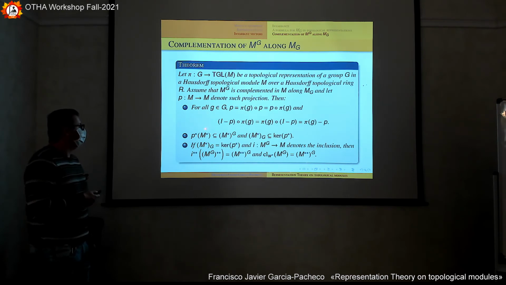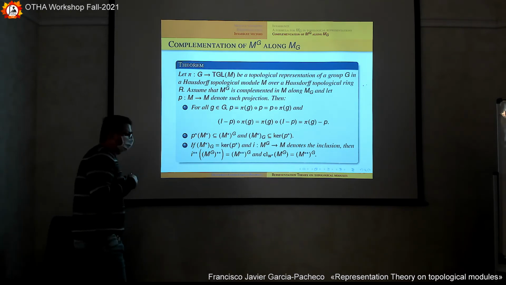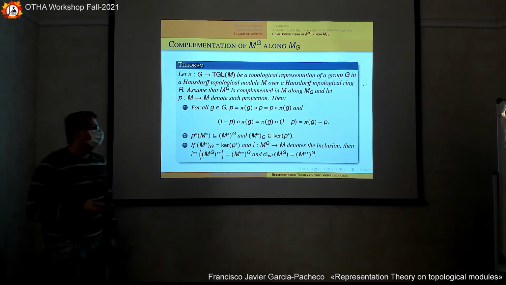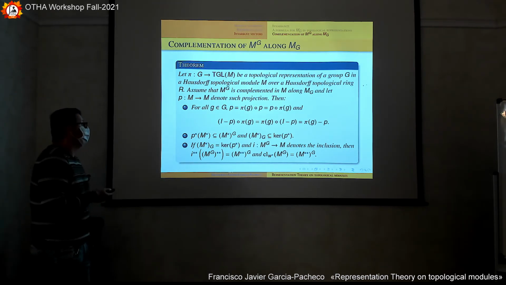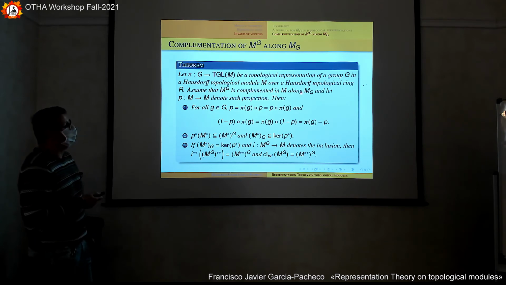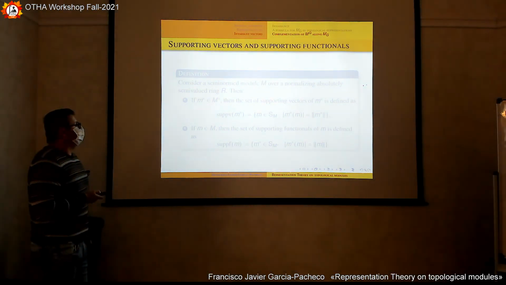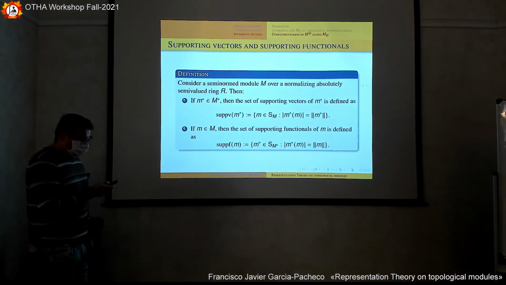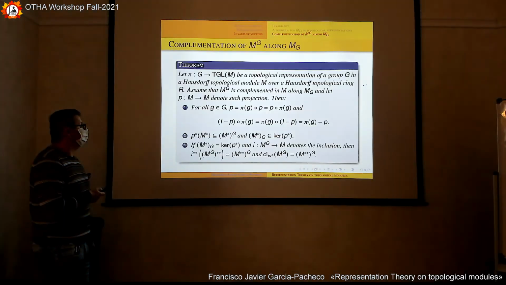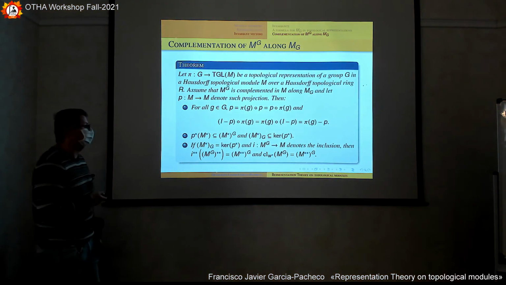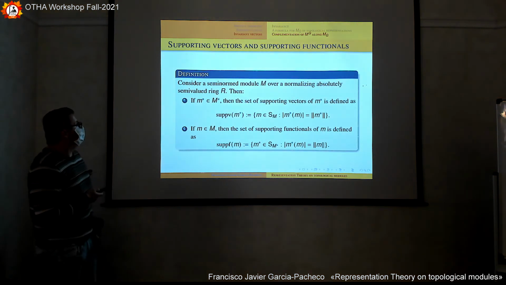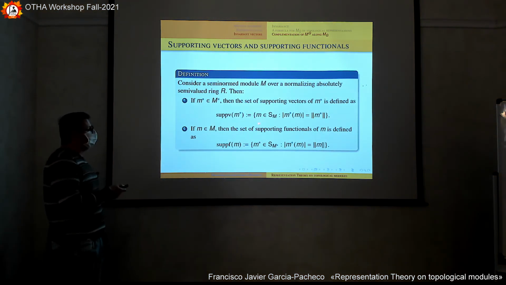It happens that you have these containments with the dual projection, which gave us a lot of hints to find sufficient conditions, or to characterize when M sub G is complemented along M sub G. And these conditions turned out to be possible in the scope of isometric representations by using the concept of supporting vectors and supporting functionals.